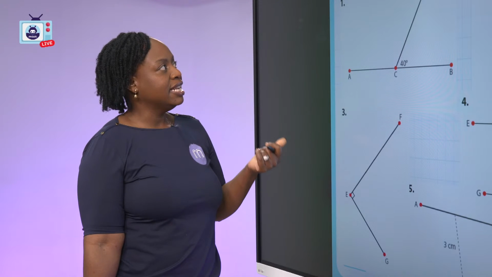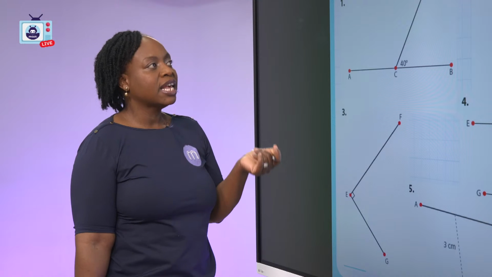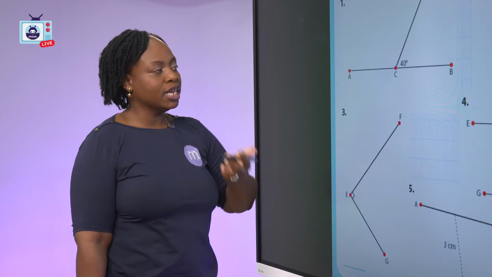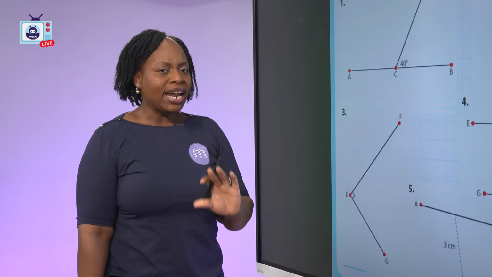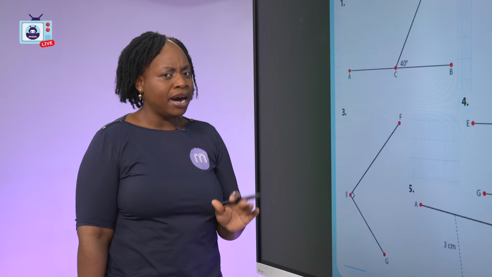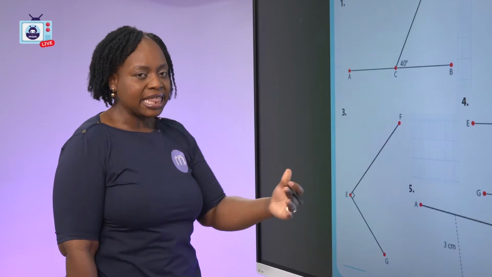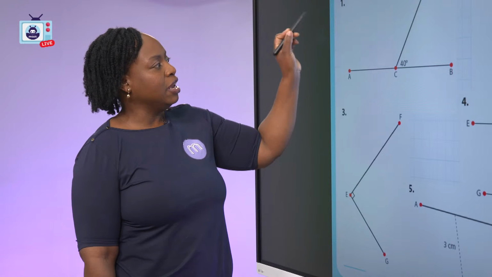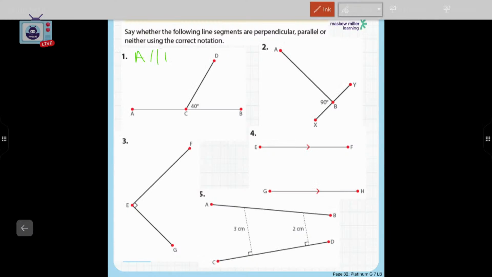So the question says, say whether the following line segments are perpendicular, parallel, or neither, using the correct notation. Right, what is the notation that they are talking about? If you remember very well, when we were doing the other construction, I did give the notation.